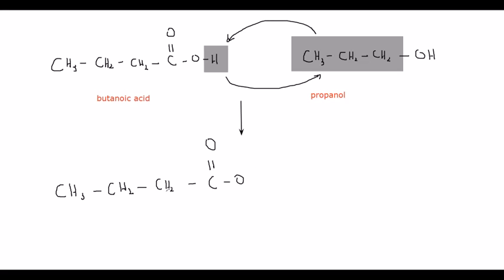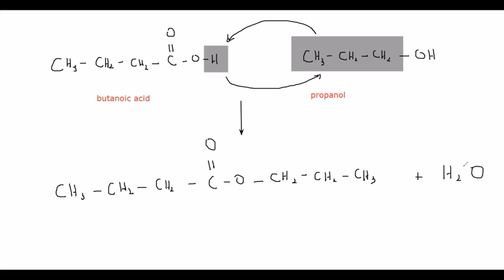So CH3, CH2, CH2, C double bonded with O, the whole carbon chain. So what happened? This whole carbon chain will take position. So we'll have CH2, CH2, and CH3. And the hydrogen plus oxygen, hydroxide. So what will it give? It will form H2O. So what is the name of this compound?